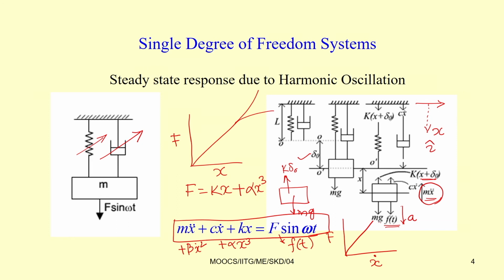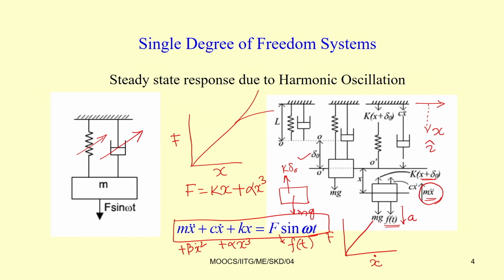Instead of taking the inertia force, by applying Newton's second law, first you can write the forces acting. For example, the forces acting will be mg plus Ft minus k x plus delta 0 minus C x dot, and this will be equal to m x double dot. That is Newton's second law.